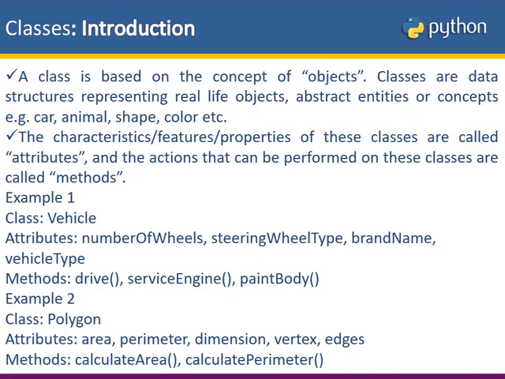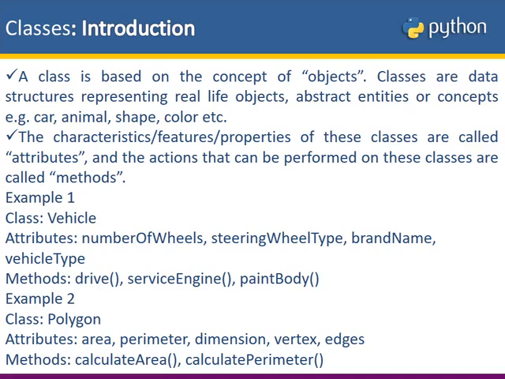I told us earlier that classes are data structures representing real life objects, and a class is like a blueprint for creating objects. So the characteristics, features or properties of this class are called attributes.